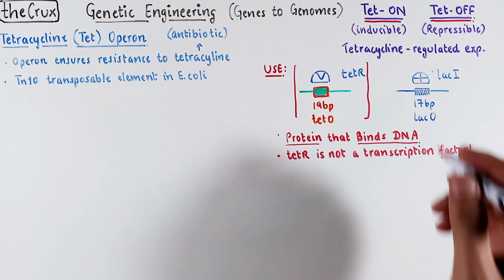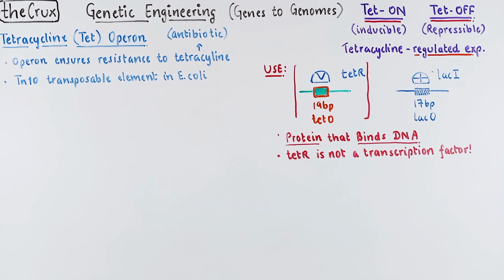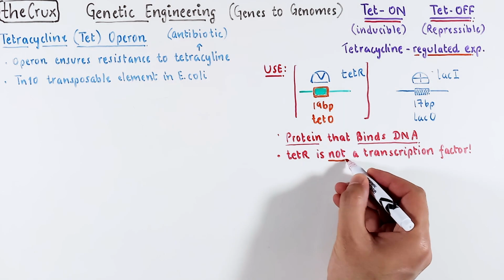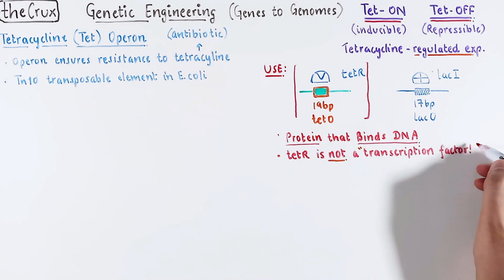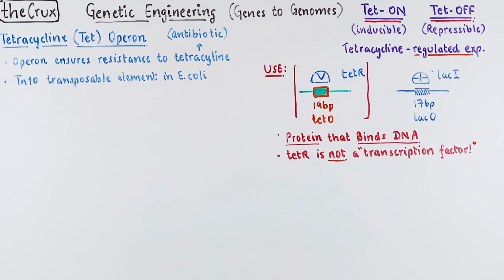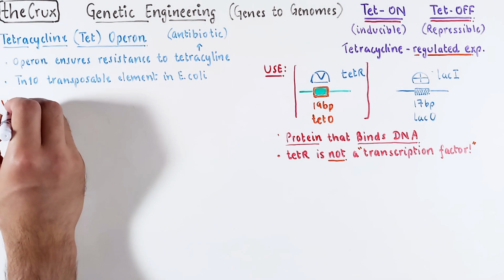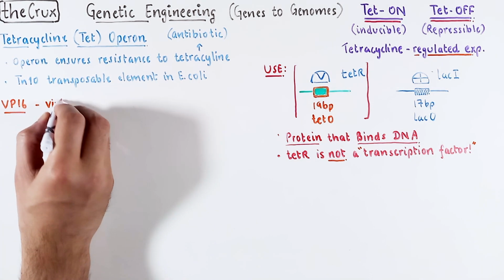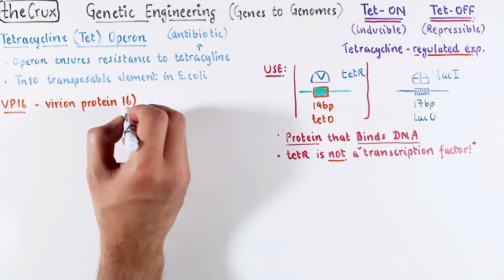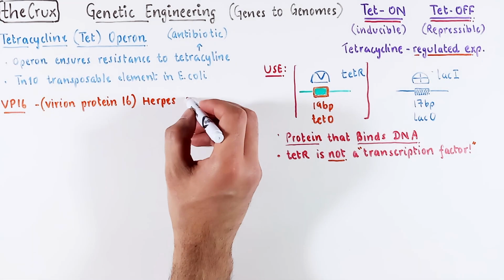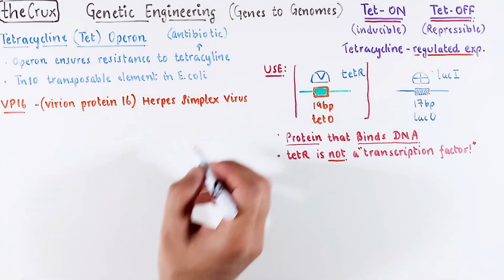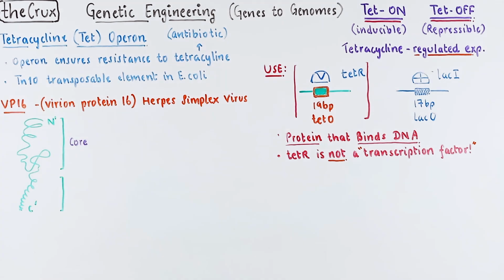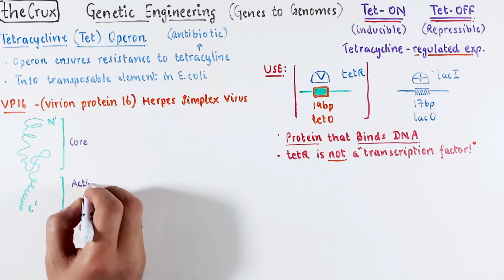But TET systems are used to control gene expression. So is there a way to transform this tetR to behave like a transcription factor? Well, there is one way. The transformation comes with the help of a VP16 protein from the herpes simplex virus. VP16 is a small little protein that has a core and an activation domain in its C-terminal region.